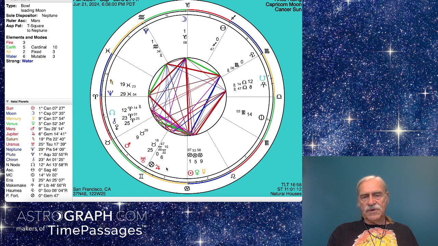We have also Jupiter's, for that matter, at 6 degrees of Gemini, is a trine to the position of Makemake, and is also one sign away from this very active Venus. So it's quite a collection of connections, isn't it?